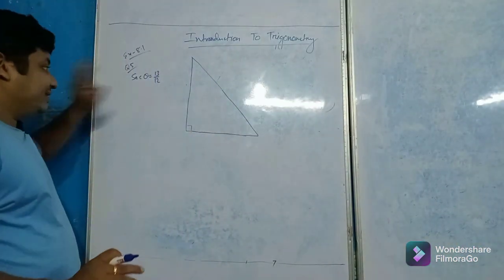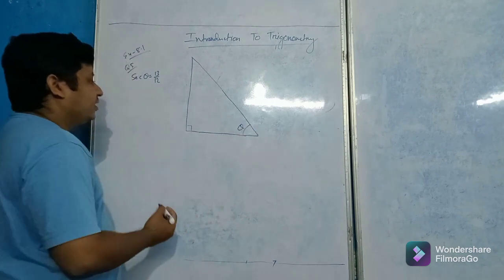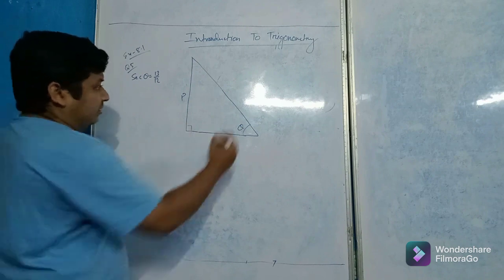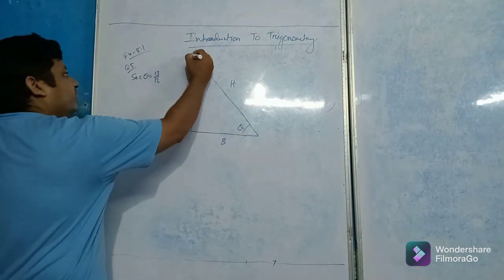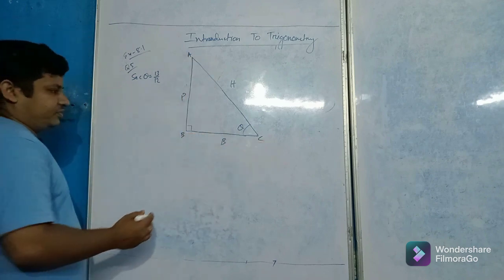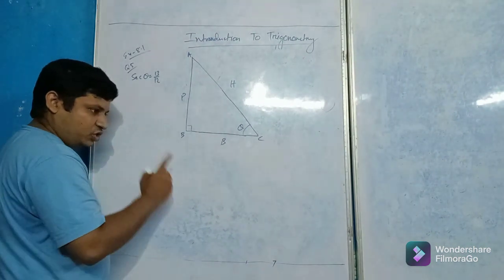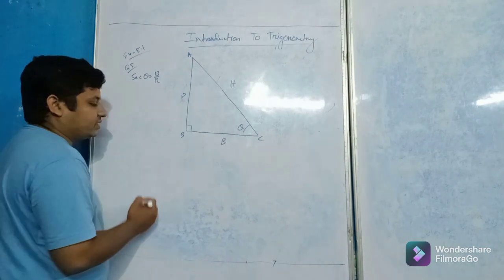Now this is given. Now suppose I consider this one as theta, right? Now again this one will be my perpendicular, this one will be my base over which it is sitting. It is my hypotenuse. So if you want, you can even name the triangle. Okay, so see here, first formula is to write the trigonometric ratios in sequence.